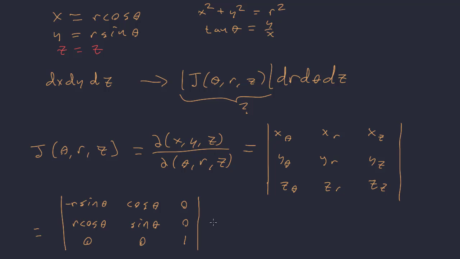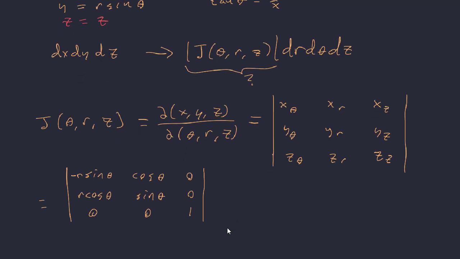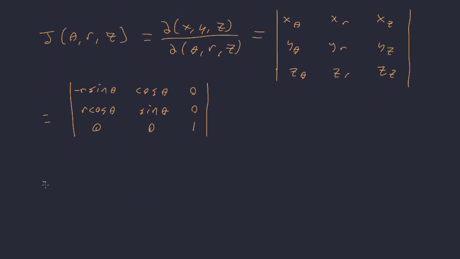Okay, so when we go to do this determinant, let me do it the way we've typically done it and copy down the first two columns again, negative r sine theta, cosine theta here, r cosine theta, sine theta, and 0, 0.